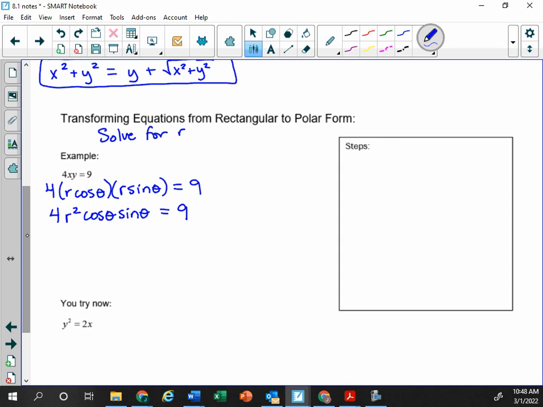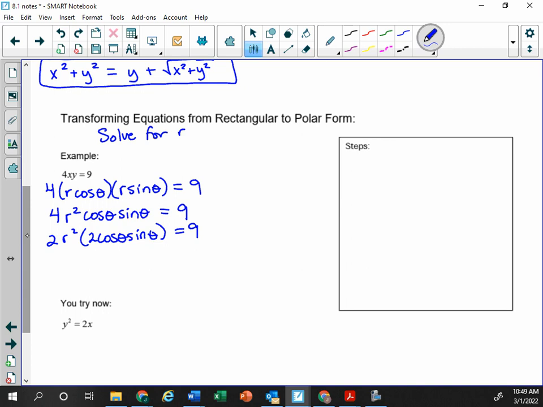Okay, the next step I think is not easy for you guys to see. So just watch what I write and make sure it makes sense to you that yes, this is actually still equivalent. So I've changed it to 2r squared times 2 cosine sine. Does it make sense that that's equivalent to 4r squared cosine sine?